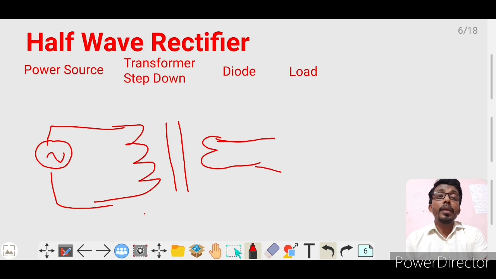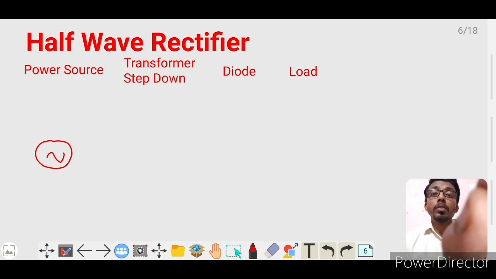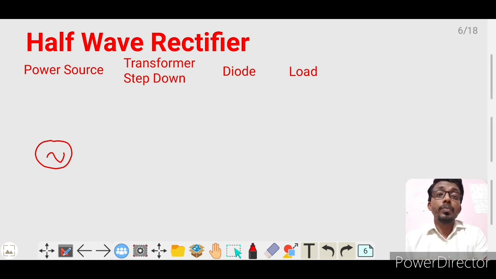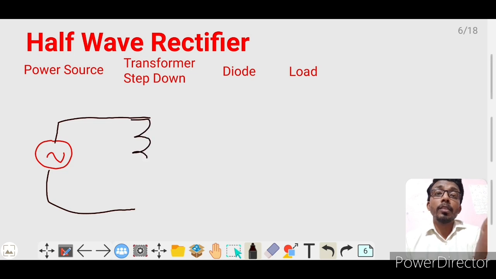Now we are applying a diode. I will draw with some different colors. So black is good. So this is, first of all, our transformer.